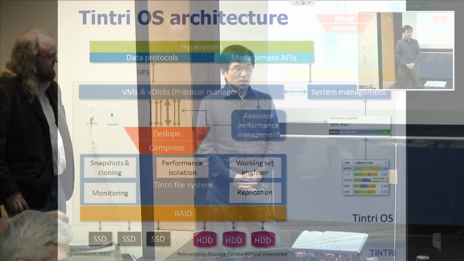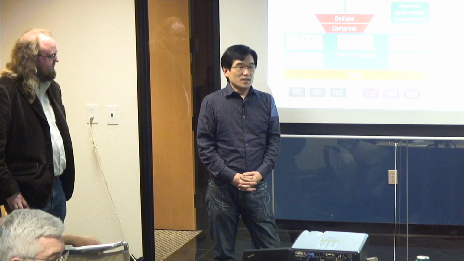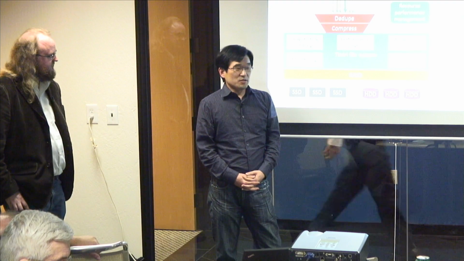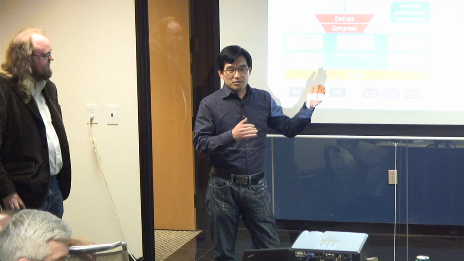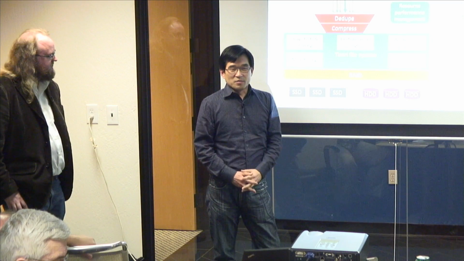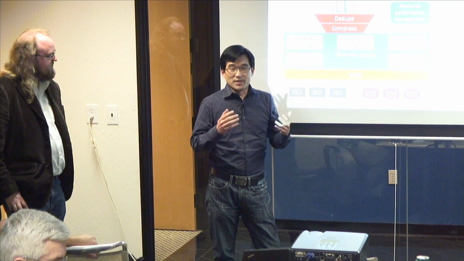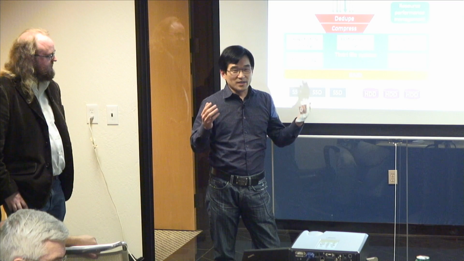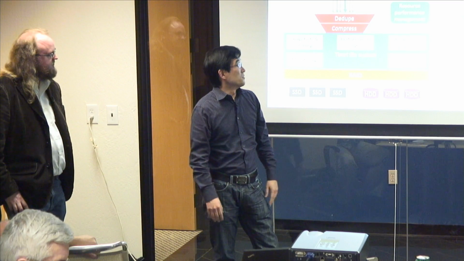Any one of those, and even the flash IOPS, can be a bottleneck depending on the workload. So it's still very important to provide quality of service on an end-to-end basis, because what flash does is move a lot of the bottlenecks from disk to other components in the system, like your networking and hosts, and you still have to deal with that.